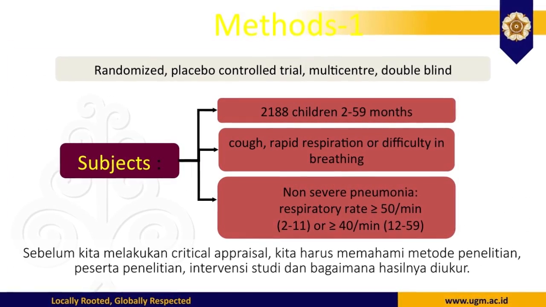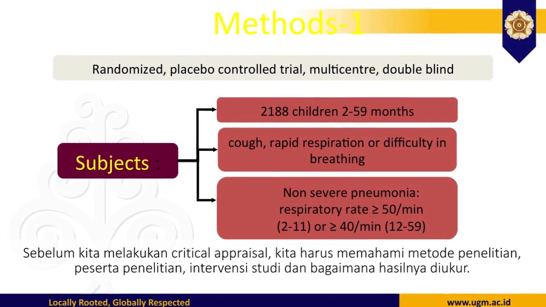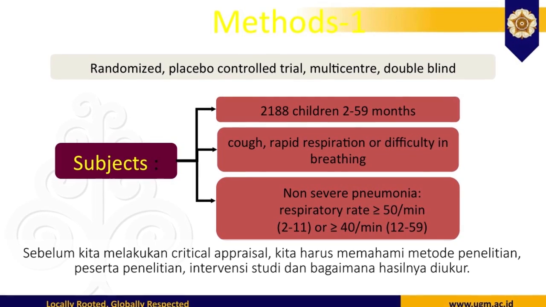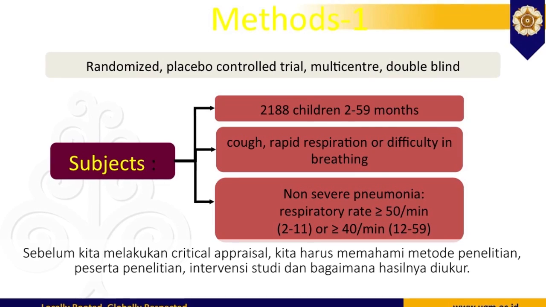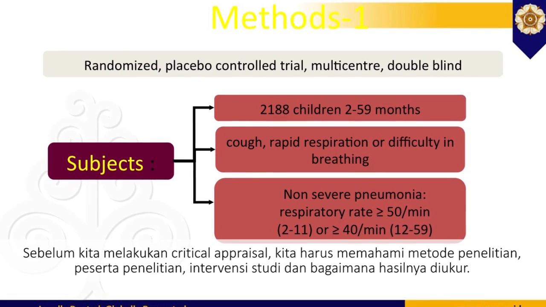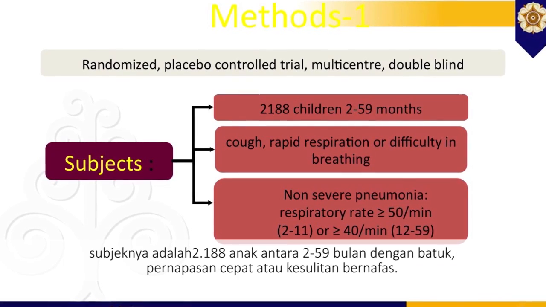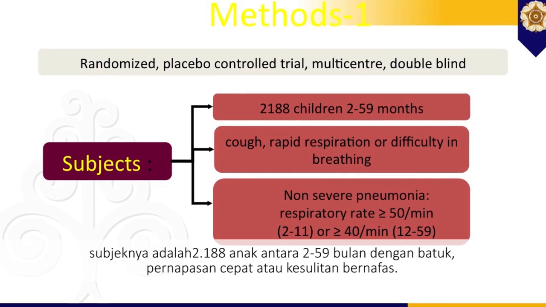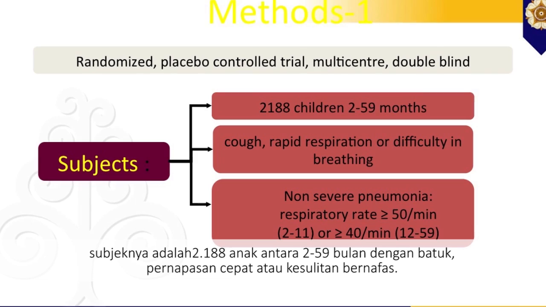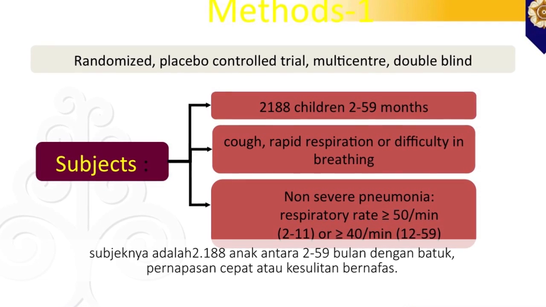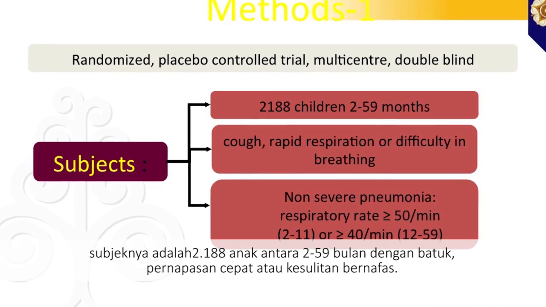Before we do critical appraisal, we should understand study methods, study participants, study intervention, and how the outcome was measured. Which subjects were 2,188 children among 2 to 59 months with cough, rapid respiration, or difficulty in breathing.